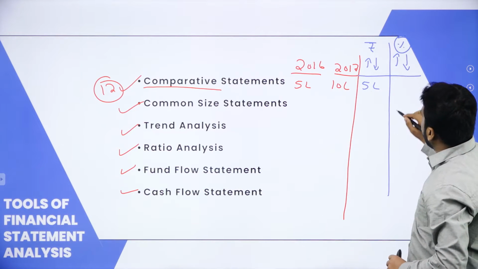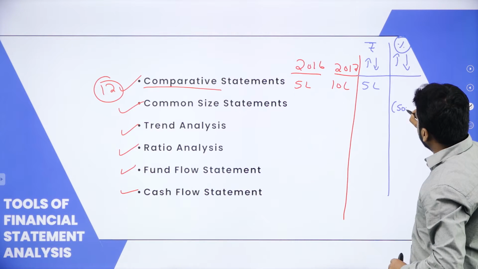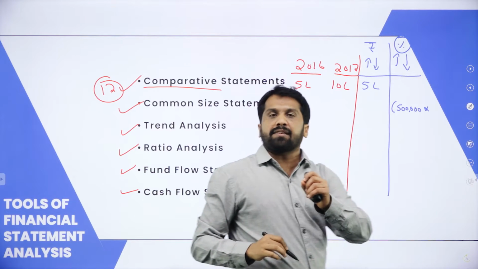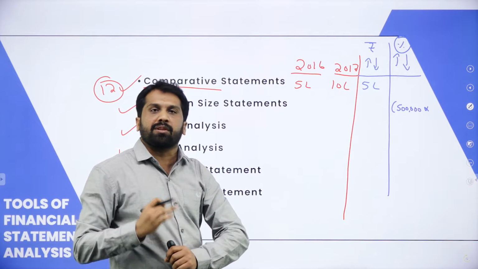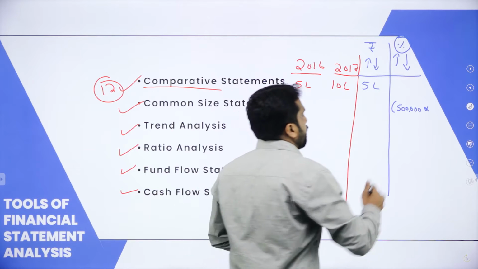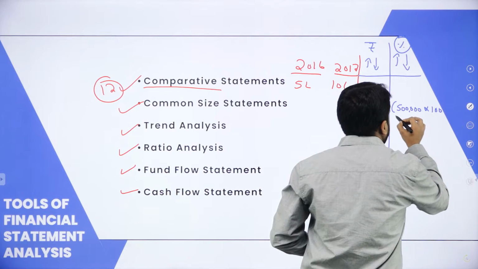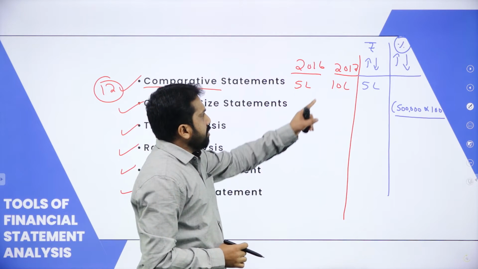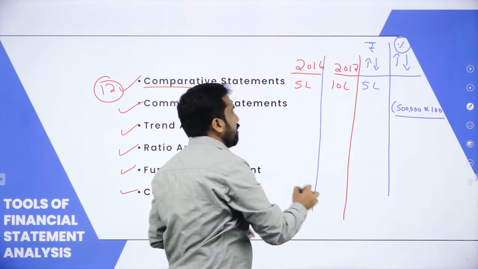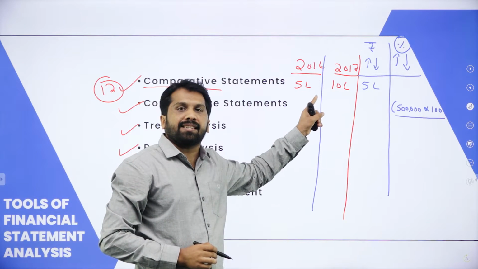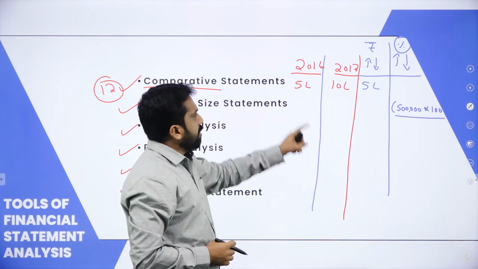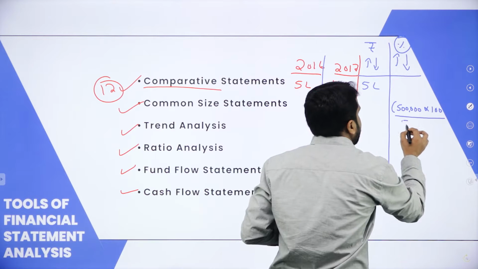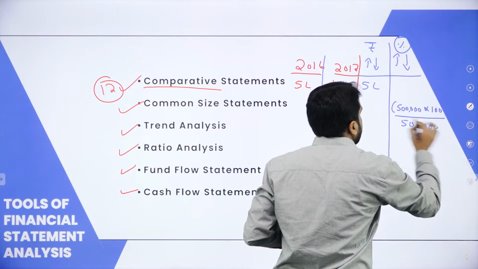Take 5 lakh multiplied with 100, because percentage always means 100, divided by, always remember, your first column we consider as base. How much is in your first column? 5 lakh. Now, divided by 5 lakh.